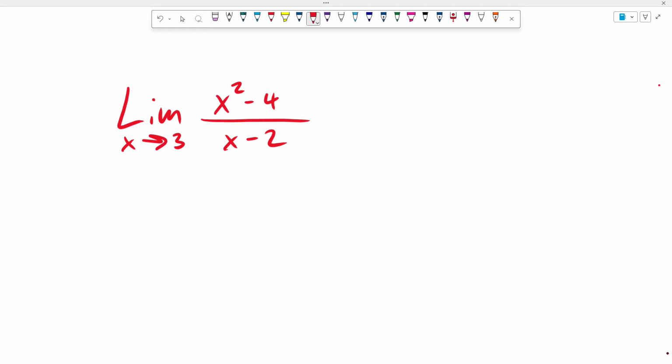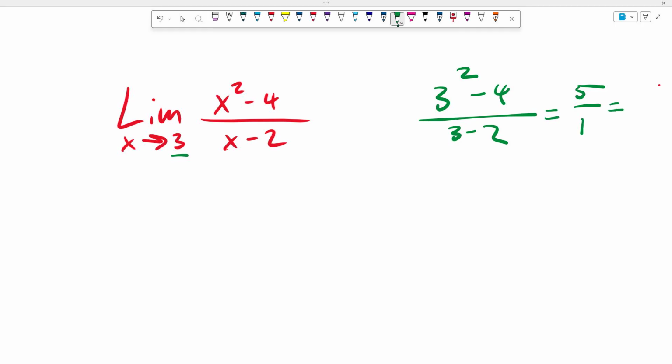What type of function is this? Rational. We really don't even need to identify it as rational for right now, but we always just try plugging in the number 3. I do it on the side somewhere. 3 squared minus 4 over 3 minus 2. What is that? 9 minus 4 is 5, over 1 is 5.